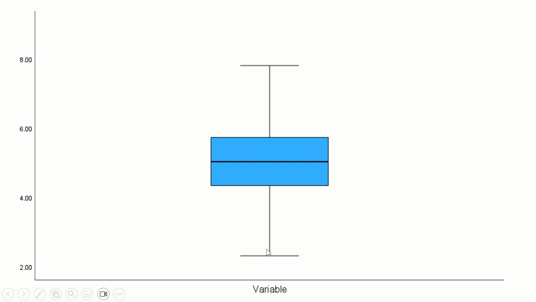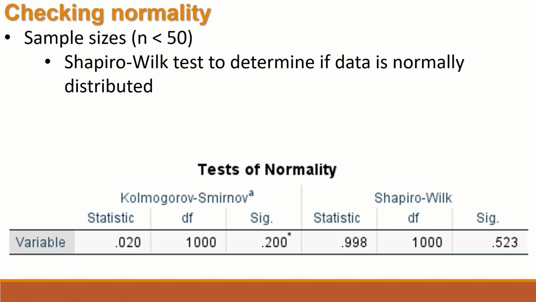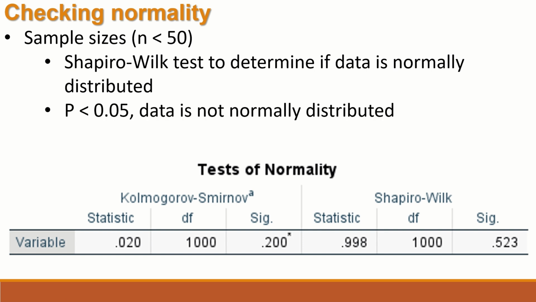And as shown here, if the two whiskers here are equal and the median is in the middle of the box, then the data most likely are normally distributed. Another way of checking normality when the sample size is less than 50 is to use a statistical test, such as Shapiro-Wilk test, to determine if the data are normally distributed or not.